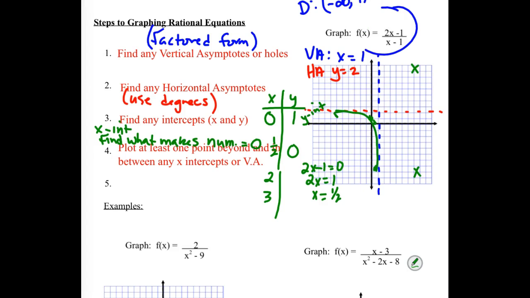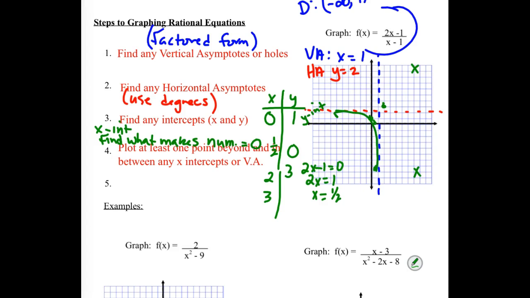Putting a 2 in the top, 2 times 2 is 4. 4 minus 1 is 3. Putting a 2 on the bottom, 2 minus 1 is 1. 3 divided by 1. So I have the point 2, 3 on my graph.